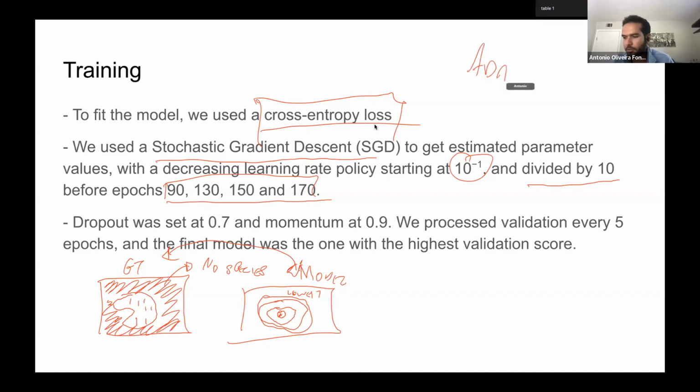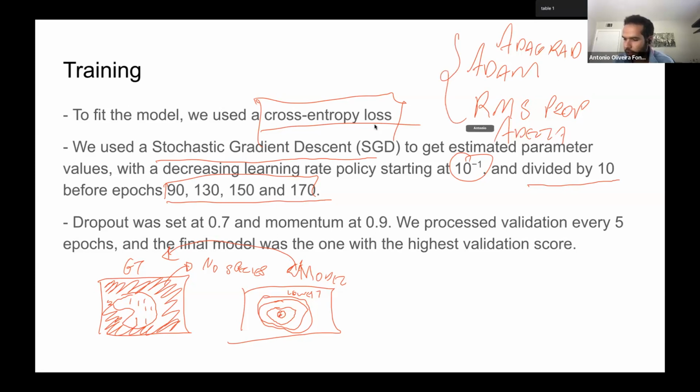I said that Adam was my favorite, right? We saw RMSprop, Adagrad, we saw Adadelta too. All of them take care of adapting the learning rate for you, so you don't need to do this division manually, right? That's kind of brute force.